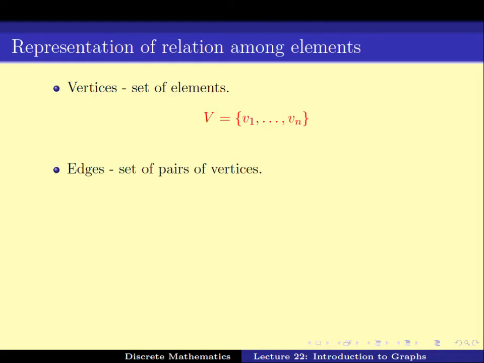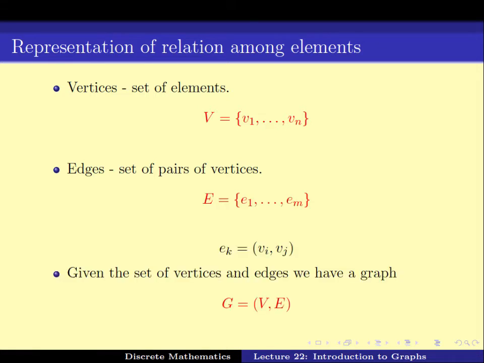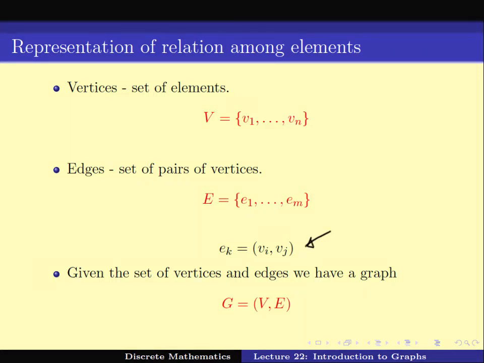So these are called edges, the set of pairs of vertices. In other words, I usually denote it as E equal to E1 to En, where each Ek is of the form some (Vi, Vj), which means that Vi and Vj are related.